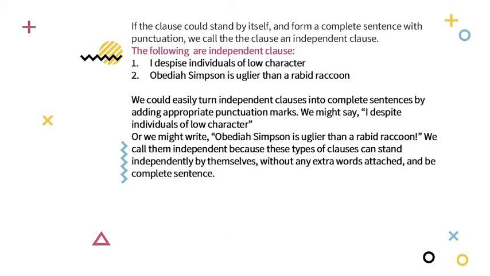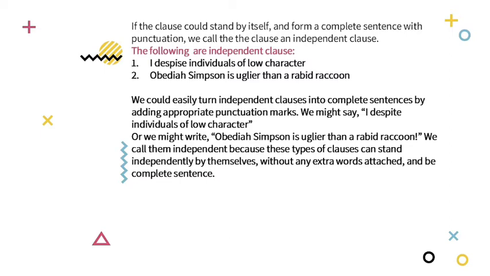We could easily turn an independent clause into a complete sentence by adding appropriate punctuation marks. We might say, I despise individuals of low character. Or we might write, Obadiah Simpson is uglier than a rabbit raccoon.